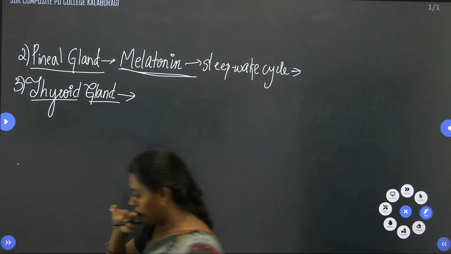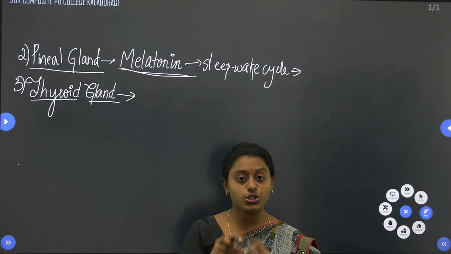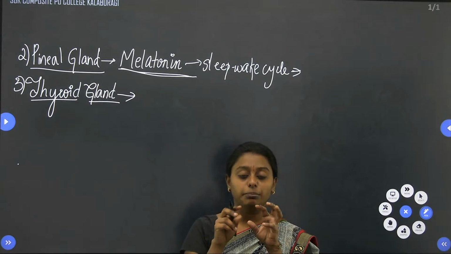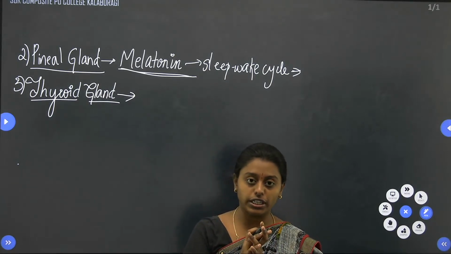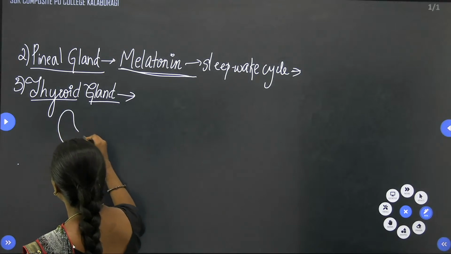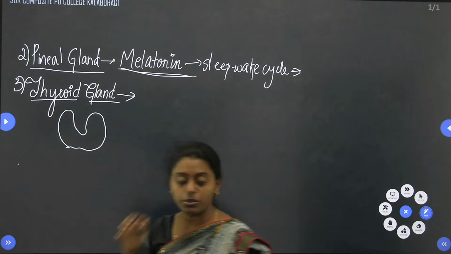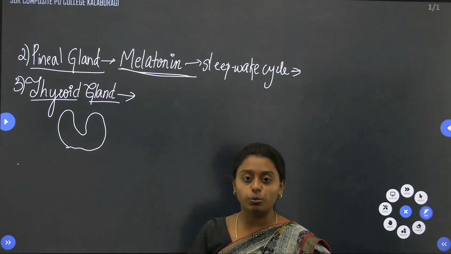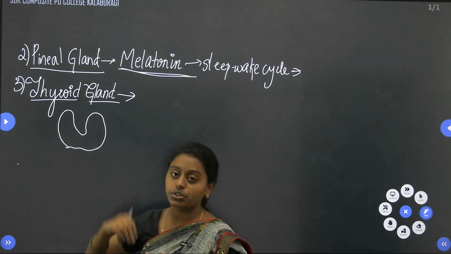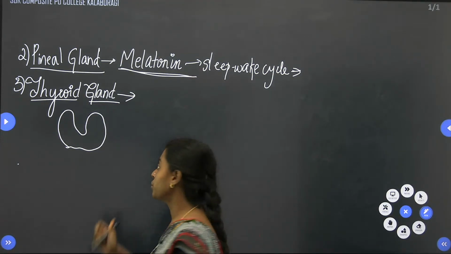Thyroid gland is present at the neck region, just above and beside the two sides of the trachea. If we observe the thyroid gland, it is a bilobed structure containing two lobes. So this bilobed structure thyroid gland secretes two types of hormones.